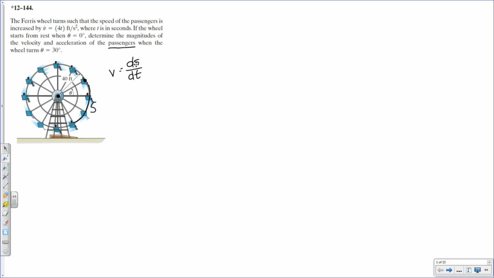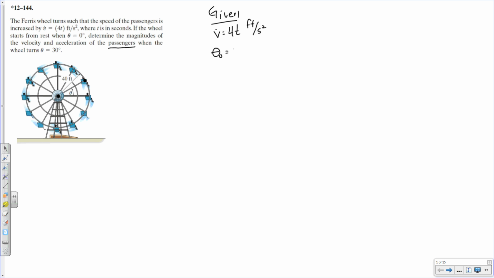Okay, just a quick aside to point out what we're considering. We're considering these passengers, and they're located at a radial distance of 40 feet away. So to begin with, let's write down what is given in this particular problem. We know that v dot is a function of time, 4t, in feet per second squared if time is given in seconds.